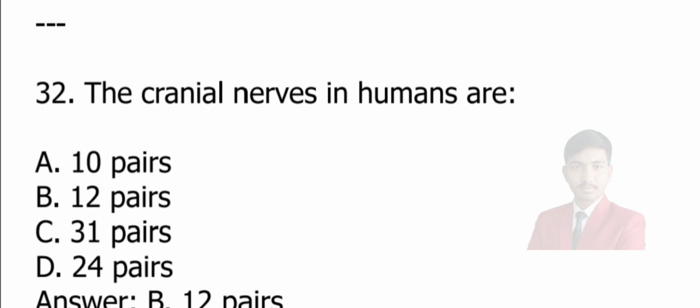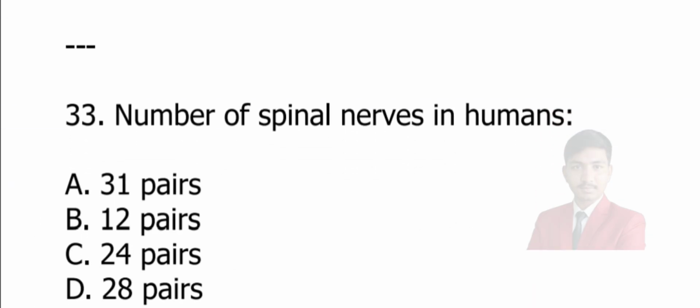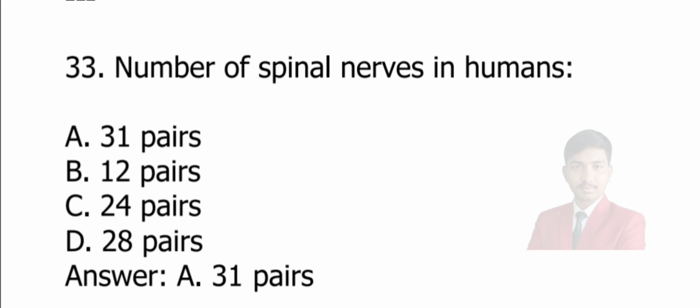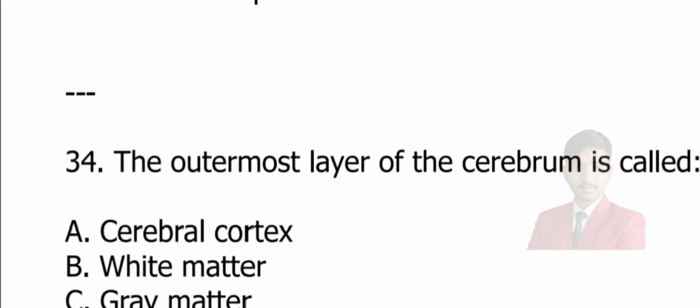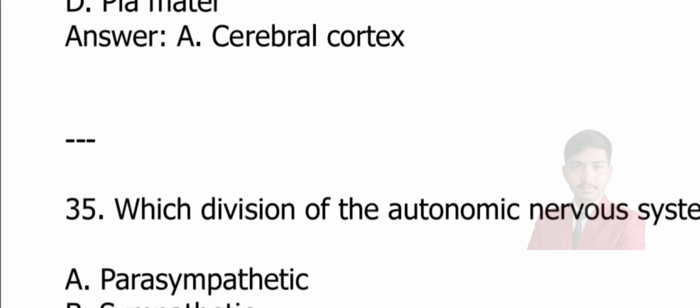The cranial nerves in humans are 12 pairs. Number of spinal nerves in human is 31 pairs. The outermost layer of the cerebrum is called cerebral cortex.